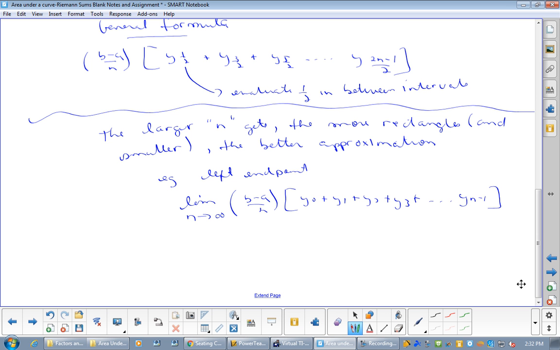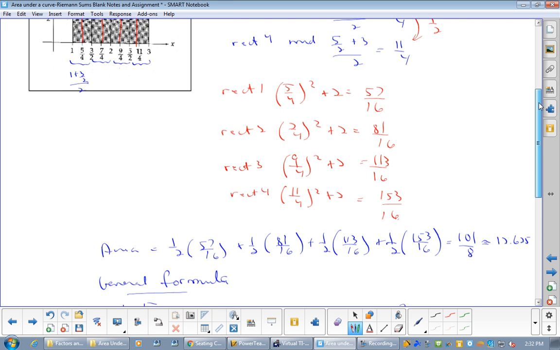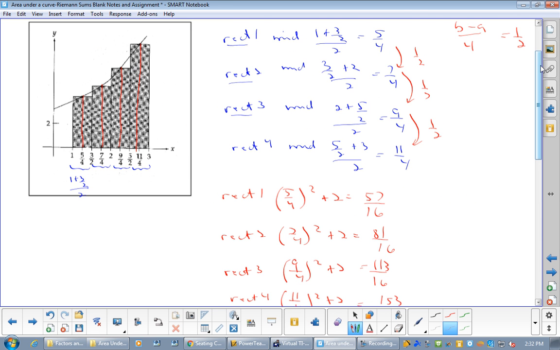The more rectangles you have, the better approximation you're going to get, because there would be fewer gaps. Okay, so you see how we have all these gaps here? We would have a lot less if we could make those rectangles smaller and smaller.